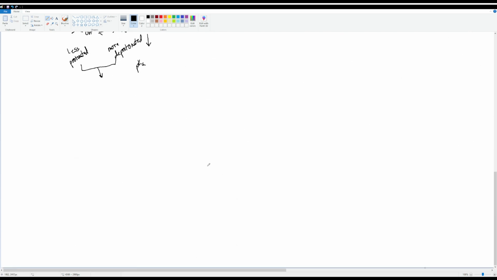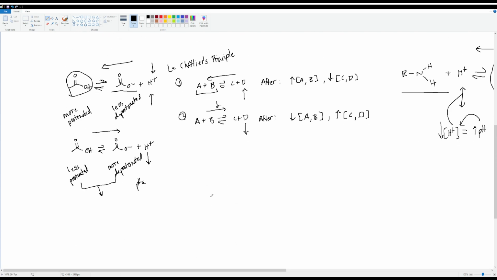Okay, so coming back to here with our initial one, to pKa. Our pKa is going to tell us which of these two states is dominant at a given pH.